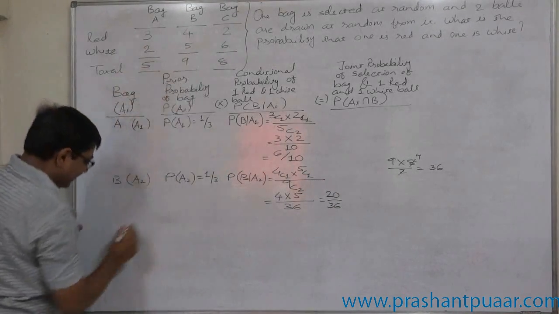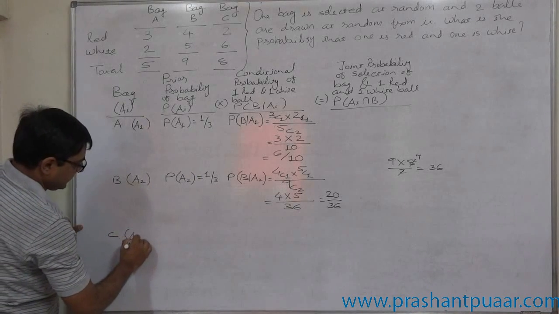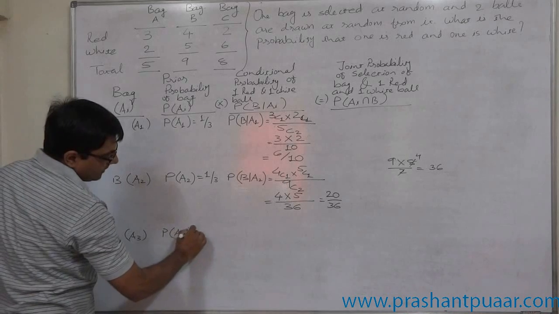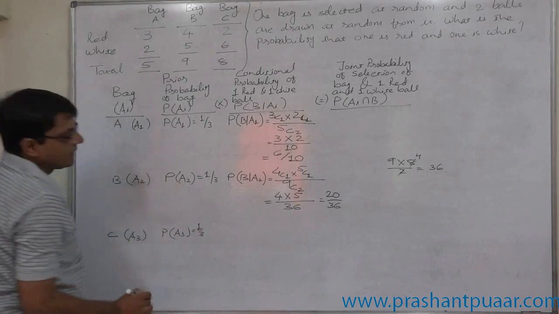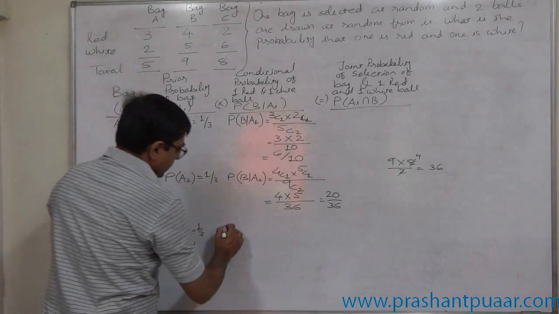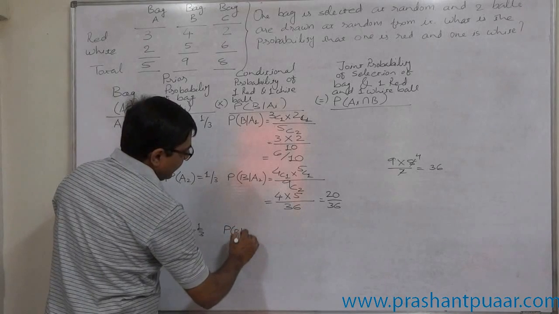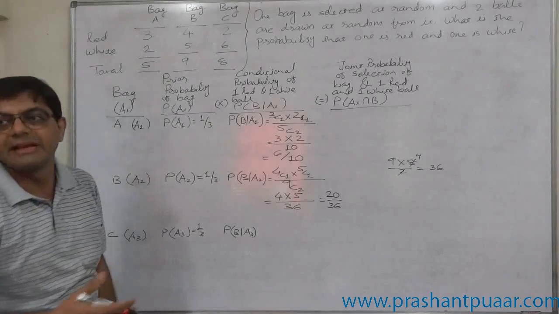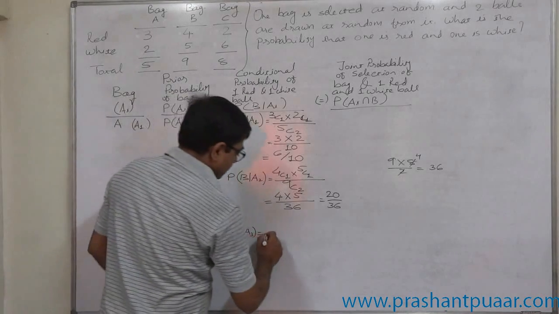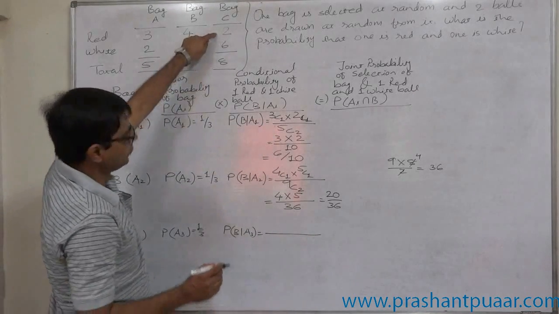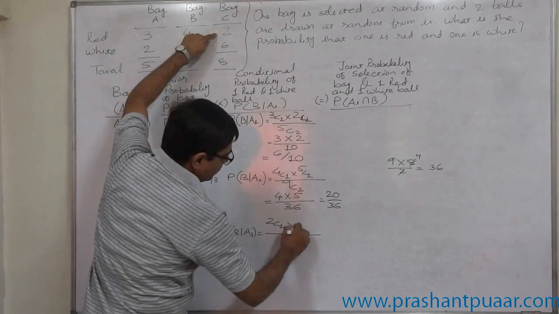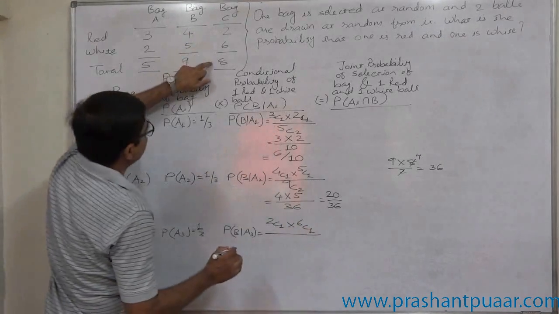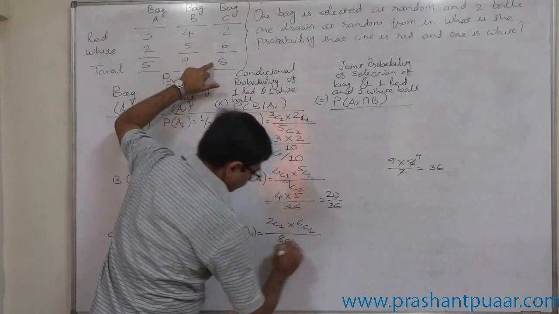If bag C is selected, that means if A3 happens, the probability of A3 is again 1 by 3, selection of 1 bag out of 3. Probability of selecting 1 red and 1 white ball out of C, if A3 has happened: 1 red out of 2, it is 2C1, into 1 white out of 6, 6C1, and 2 out of 8, 8C2.